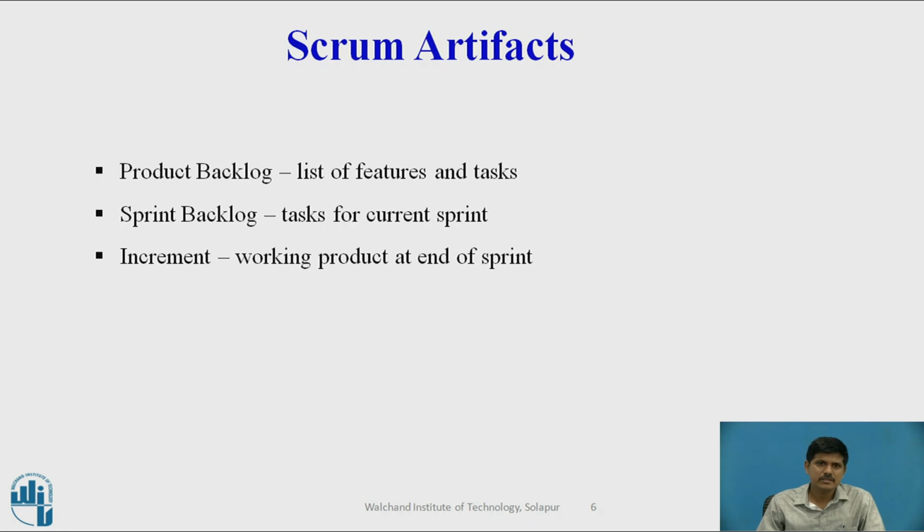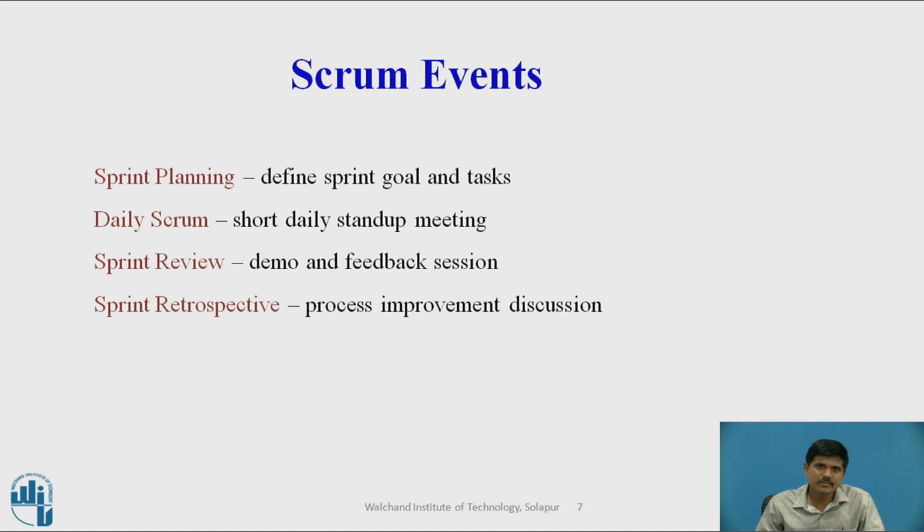When we are going to start any sprint, at that time we take a few stories and epics, and they are put into the sprint. That sprint is able to concentrate on those stories and epics. Next is the increment. Increment is a working product after completion of any sprint.